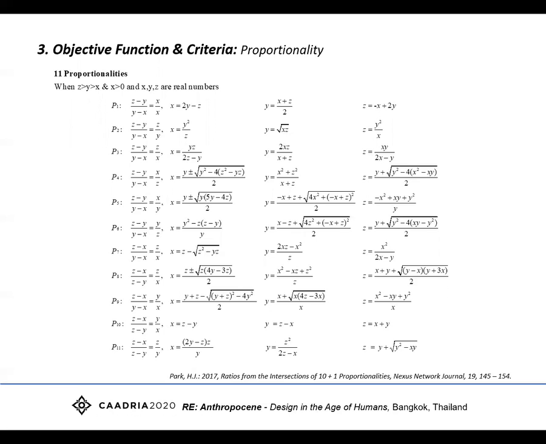There are 11 ways of representing three ordered numbers and their differences with the equalities of the ratios among them, which were developed by ancient Greek mathematicians. The 11 ways of representing the equalities of the ratios among the three ordered numbers and their differences are defined as proportionality, as you see on the screen.